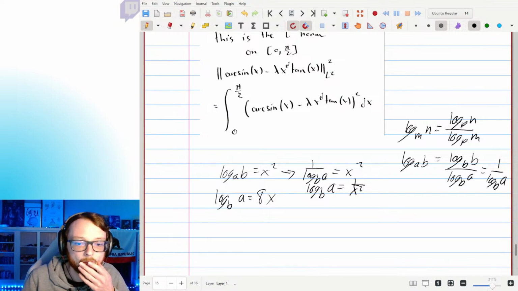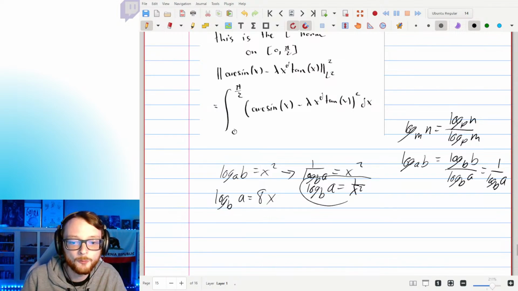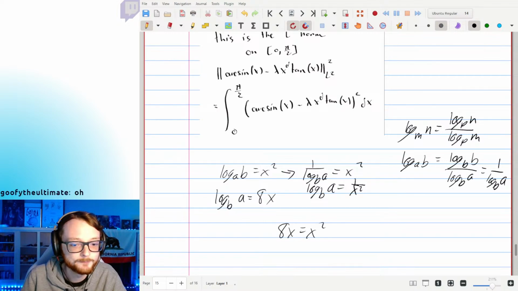So we know that log base b of a is equal to 1 over x squared, but we also know that log base b of a is equal to 8x. So 8x should equal 1 over x squared in order for these two statements to be true. Just equate them.